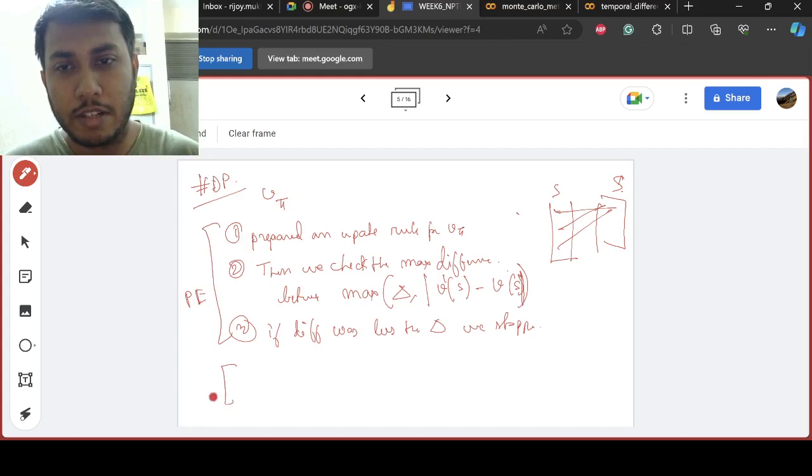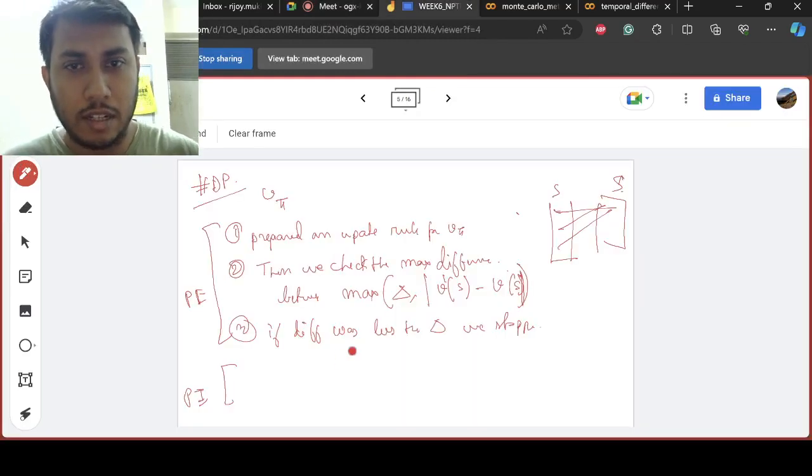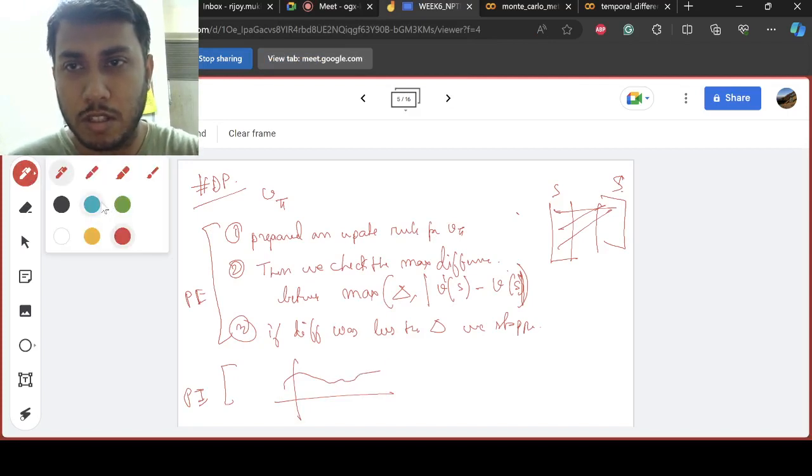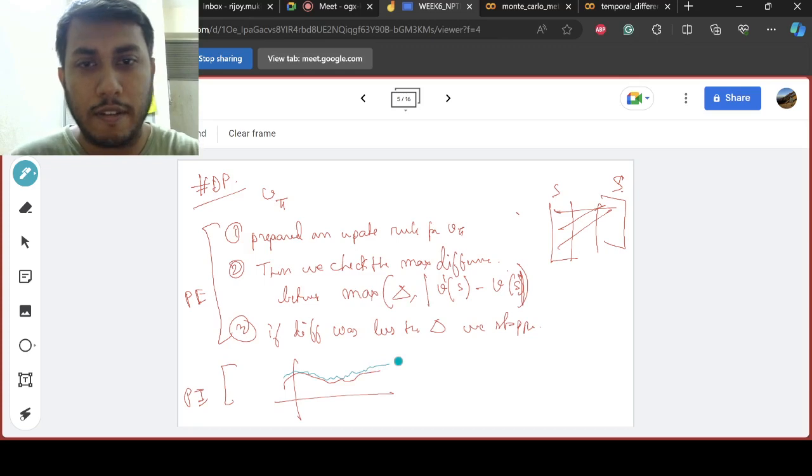So in policy iteration, what do you do? You checked that suppose this one is your previous policy, right? And this one is your new policy, right?